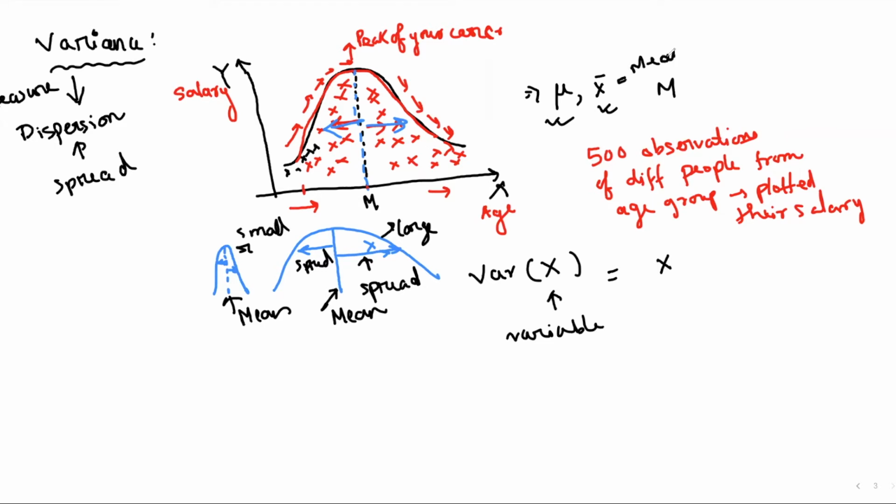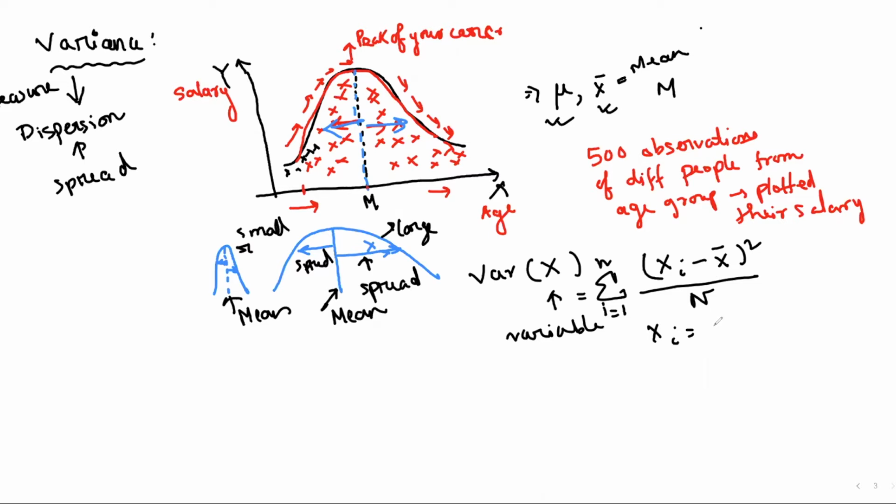So it is the summation of (x of i minus x bar) whole square, divided by the total number of observations, where the summation runs from i equal to 1 to n.